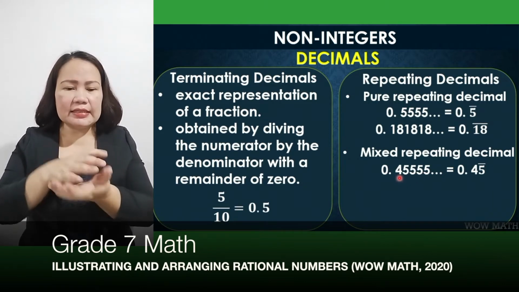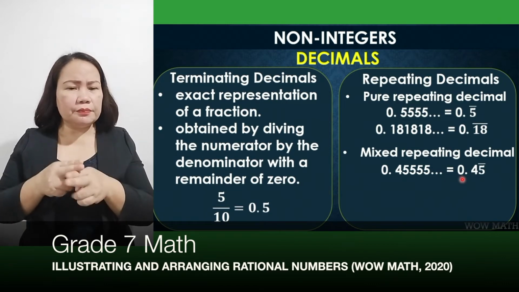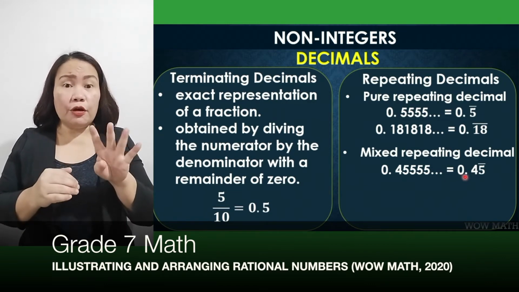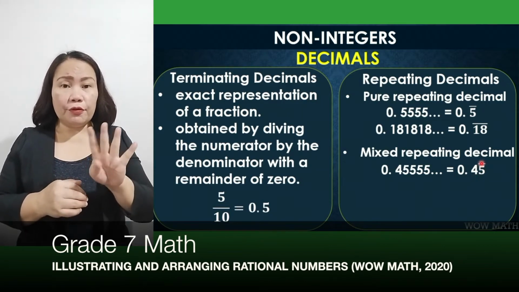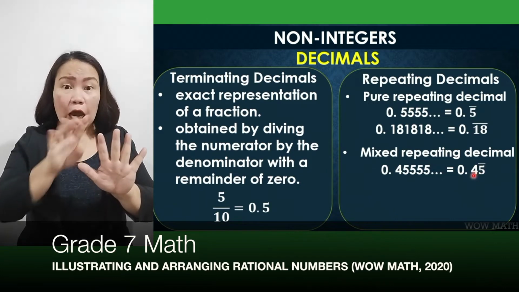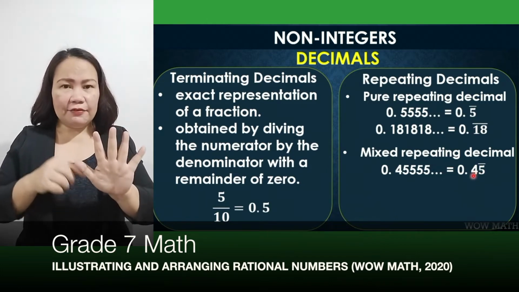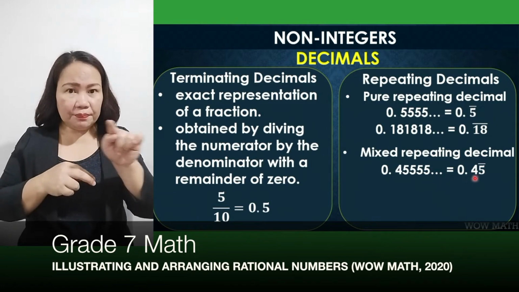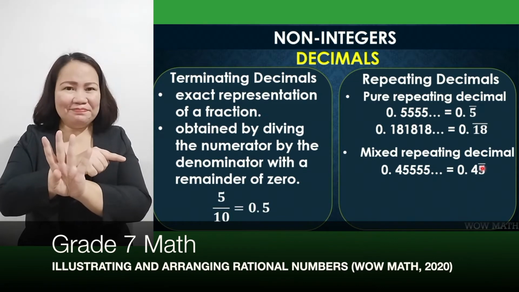Ito yung nakahalo. So, you're going to write 0.45, and we place the bar on 5 kasi si 4 hindi naman repeating. The only repeating digit is 5, so we're gonna place the bar above 5 only.